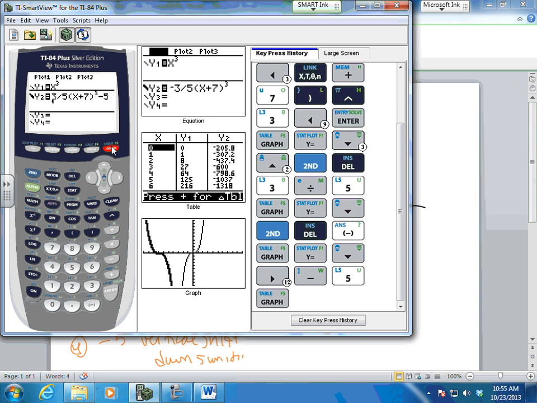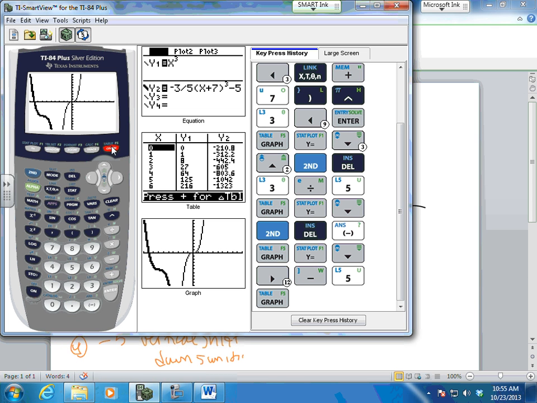And now you can see your graph drop down. See it drop down? So one step at a time, keep putting in, by order of operations, your transformations. And you should be able to track each one and verify these on your calculator.